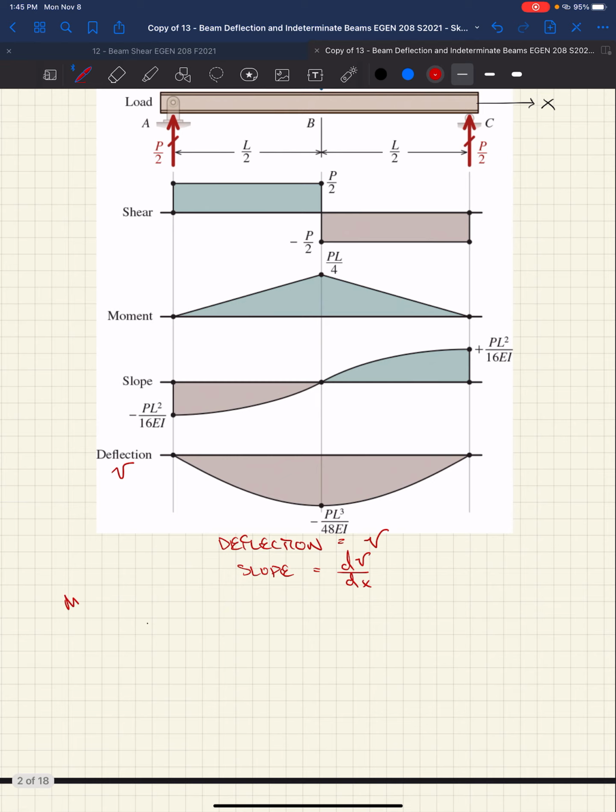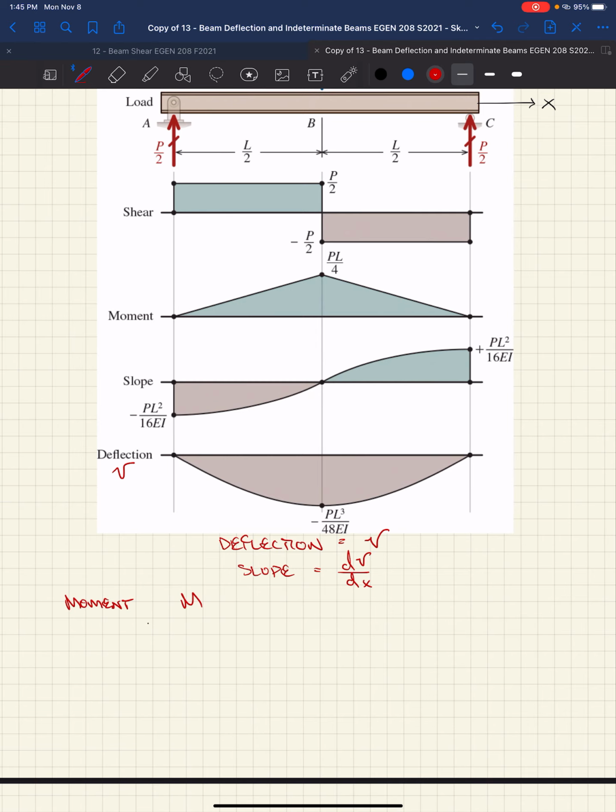Then we have moment, M. Now we start getting into material and geometric properties, right? EI, modulus of elasticity, and moment of inertia. Well, that's the second derivative of deflection with respect to distance along the length, or essentially it's the derivative of the slope line.